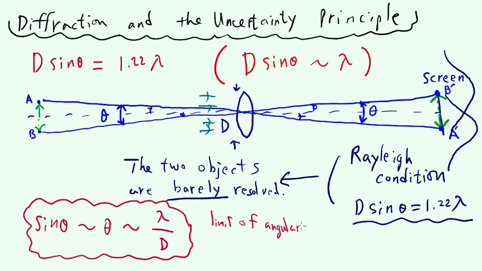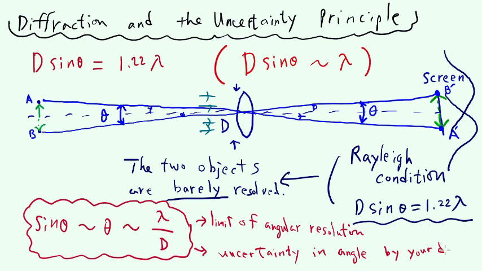And why is it limited? Because of diffraction, because of the wave nature of light. And this gives a fundamental uncertainty in angle introduced by your device. So what we should do is clear.